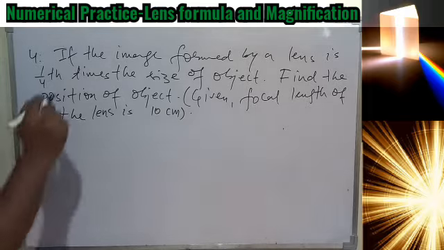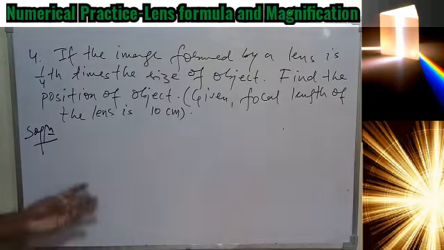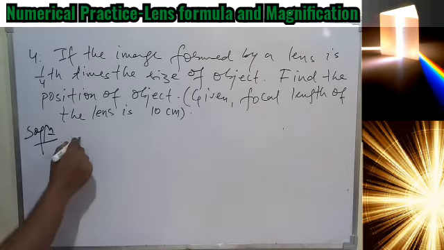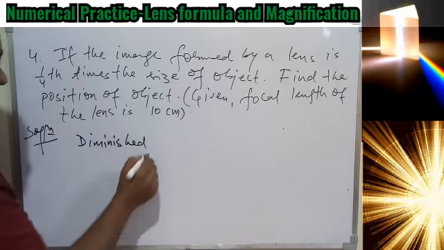So very first, it is given the image formed by a lens is 1/4 times. You understood, 1/4 times means the image is smaller than the object, that is, a diminished image. Find the position of the object, given the focal length of the lens is 10 centimeter. Now very first, we know the image is diminished and nothing else is given.